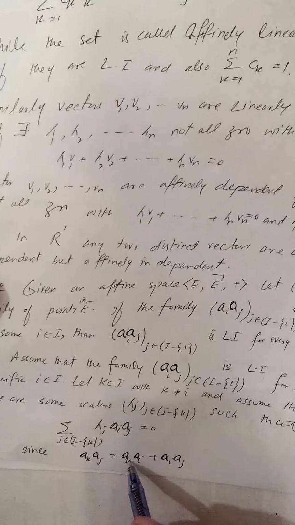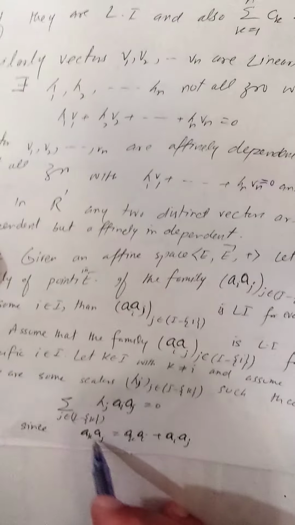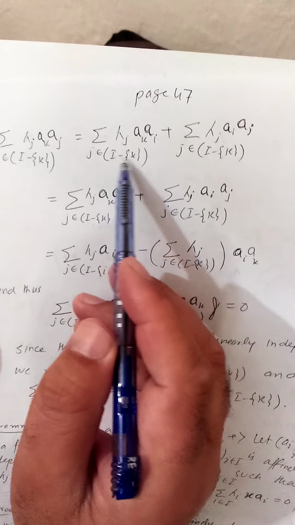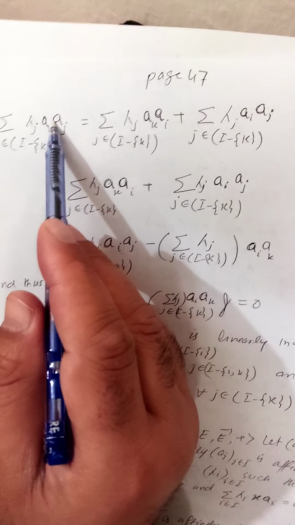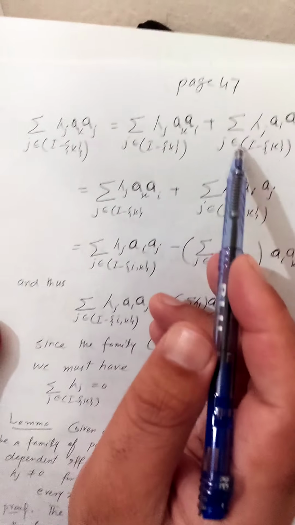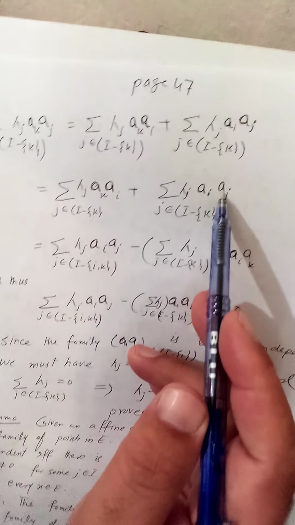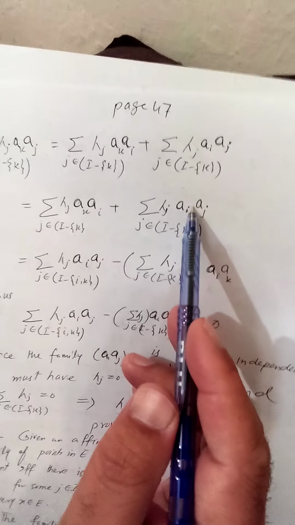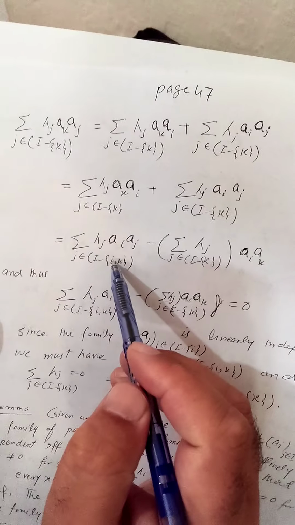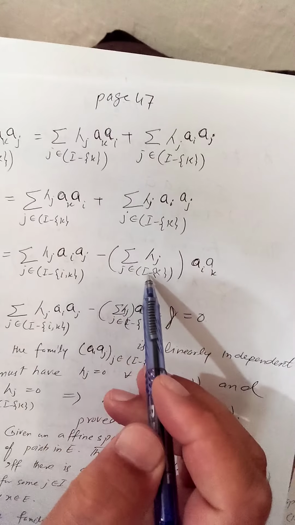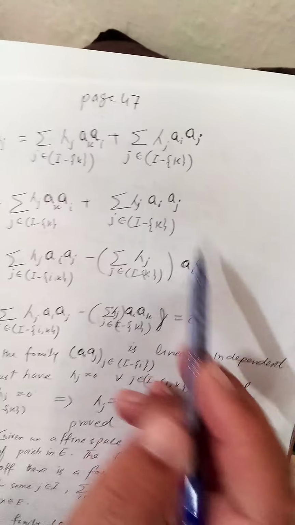Since ak aj can be written as ak ai plus ai aj, inserting ai between ak and aj, we get the summation of lambda j ak aj, j in I minus {k}, equal to the summation of lambda j ak ai plus the summation of lambda j ai aj, splitting the vectors. Now reverting the vector ak ai, we get the summation of lambda j ai aj minus the summation of lambda j ai ak.